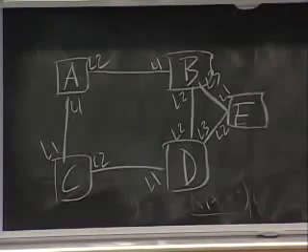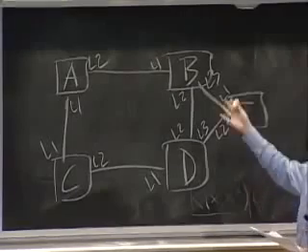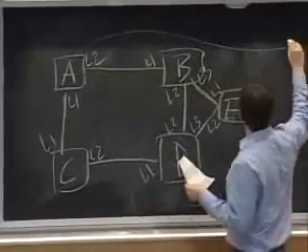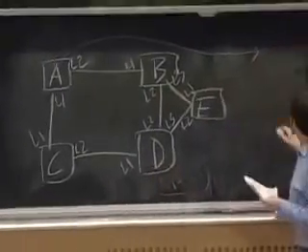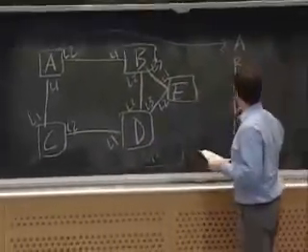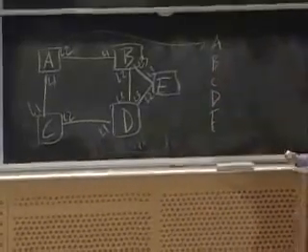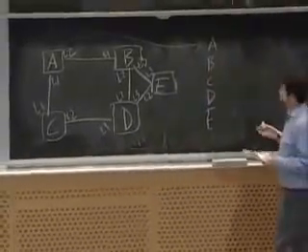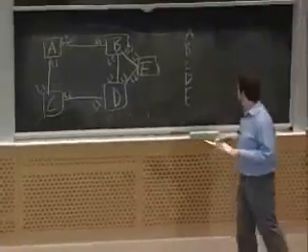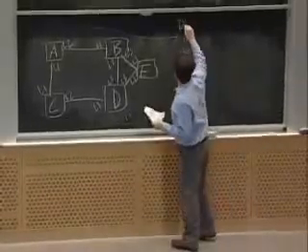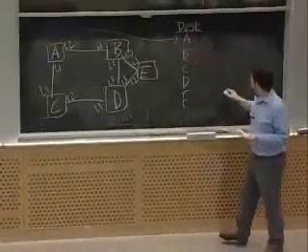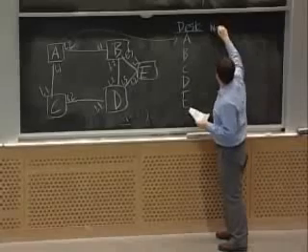And now let's see what the forwarding table for one of these nodes might look like. For example, if we look at the forwarding table for node A, we'll see one entry for each of the other nodes in the network. Given a particular destination address, it tells us what the next link we should use is.